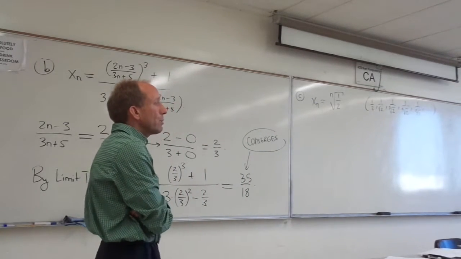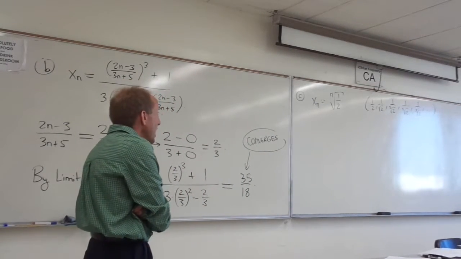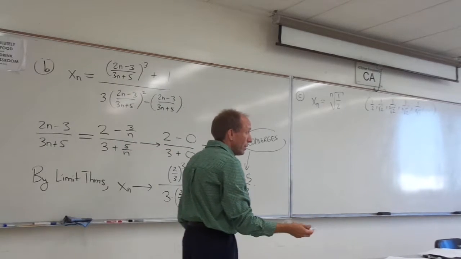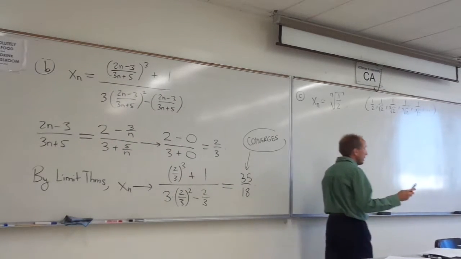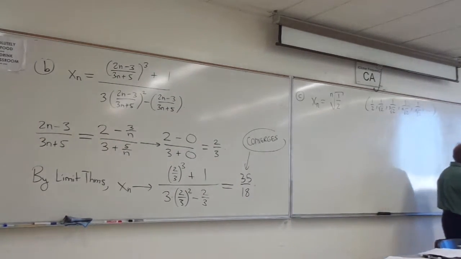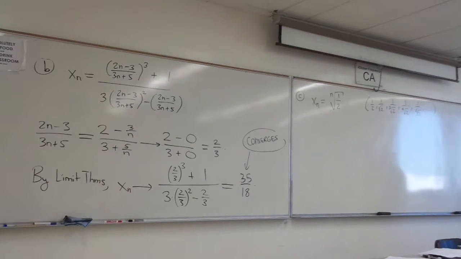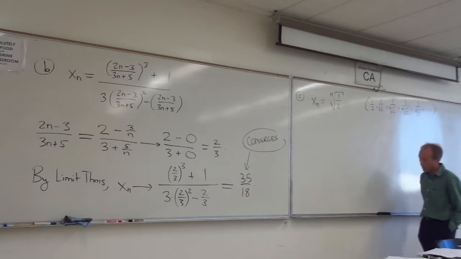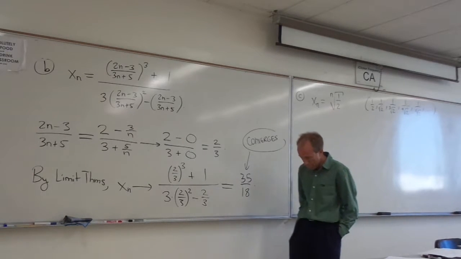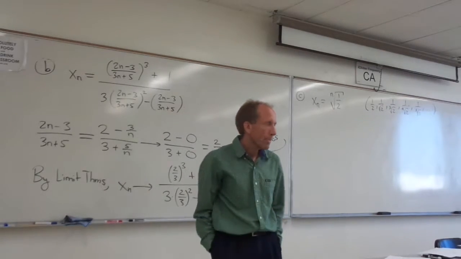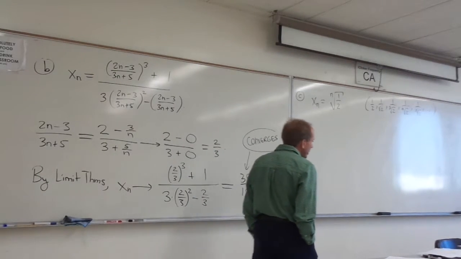And because we have roots here, we're not going to have any limit theorems this time. Because the limit theorems are talking about addition, subtraction, multiplication, and division, and this is not any of those. Okay. So with this in mind, do you think it converges?